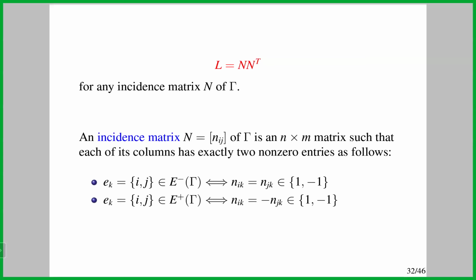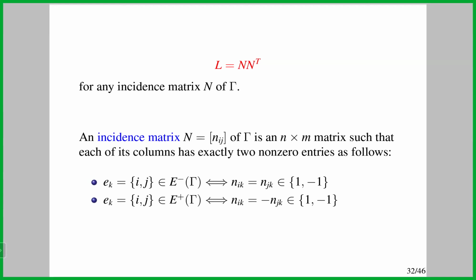If you look at column k, which corresponds to edge k, and edge k is between vertices i and j: if that's a negative edge, then the ik entry and jk entry would be equal, either both positive one or both negative one.